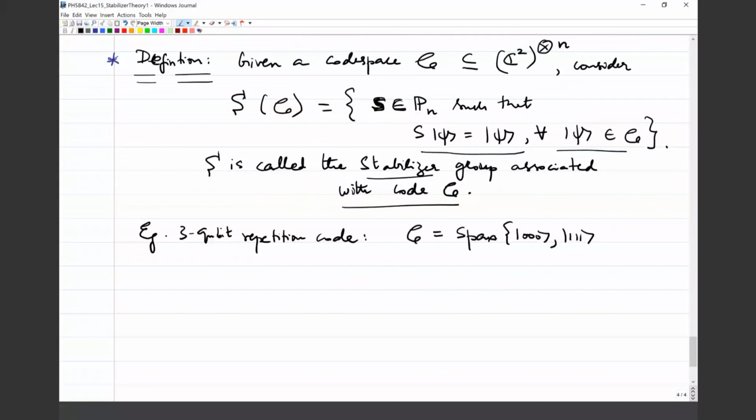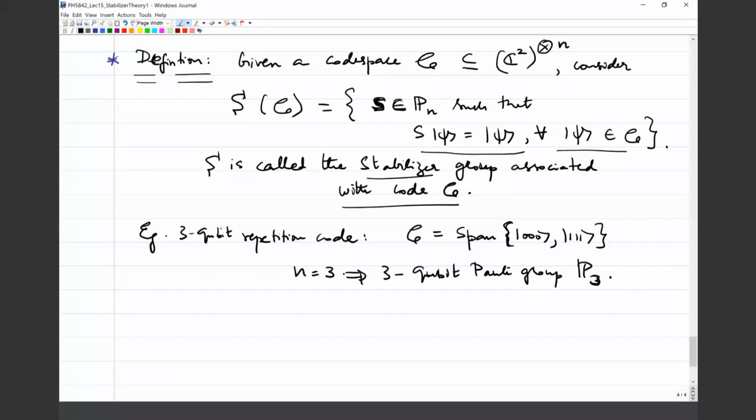So now you will tell me which are the set of Pauli operators that leave this code space invariant. So what is n in this case? n is 3. So we are looking at the 3-qubit Pauli group, P3.